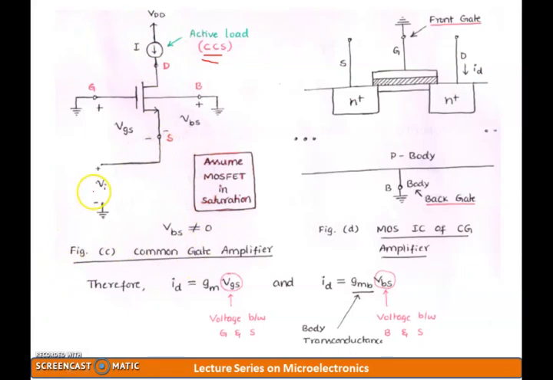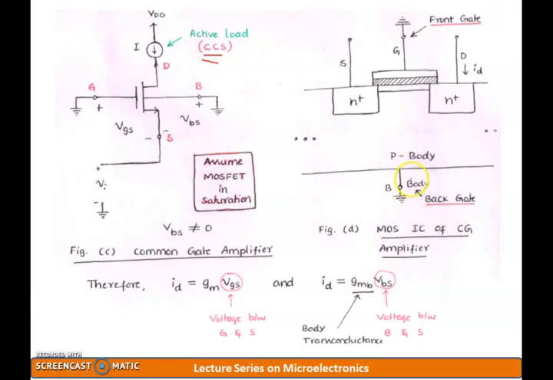Now look here, my input is applied to the source terminal. So this is VGS, the voltage between gate and source, and this is the voltage between body and source. If I want to show the same circuit in terms of its schematic view or cross-sectional view, here is the circuit mentioned in figure D, the MOS IC of the common gate amplifier configuration.